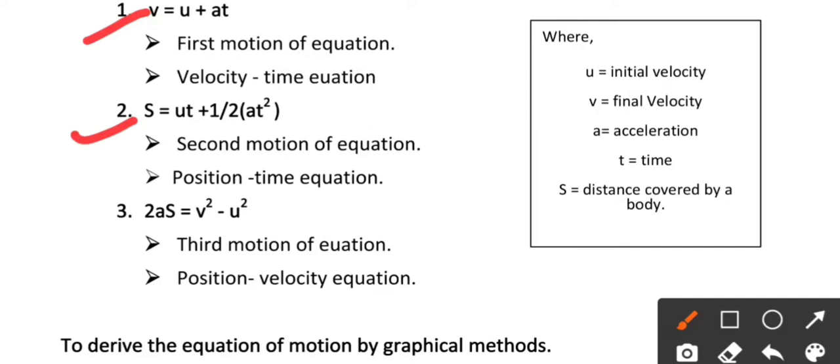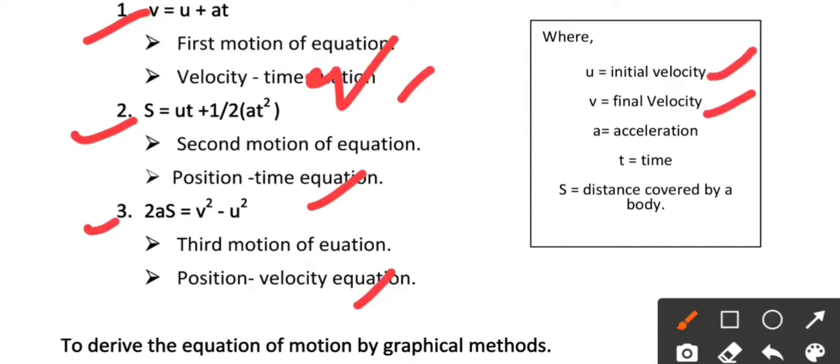Then we get s = ut + half at square, which we got by rearranging the formula for average velocity, and v square minus u square = 2as. The first is known as the velocity-time equation, the second is the position-time equation, and the third is the position-velocity equation, where v is the final velocity, u is the initial velocity, a is acceleration, t is time, and s is the distance covered by a body. So let's derive them by the graphical method.